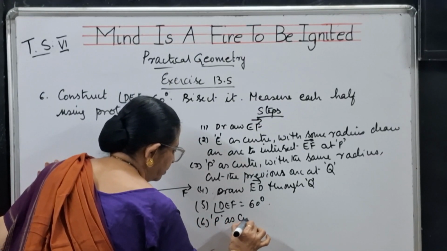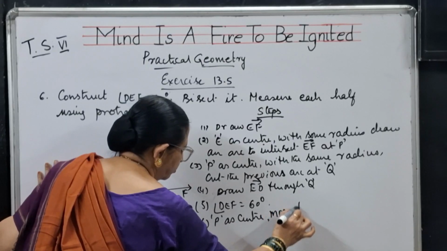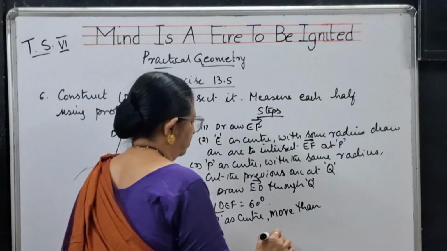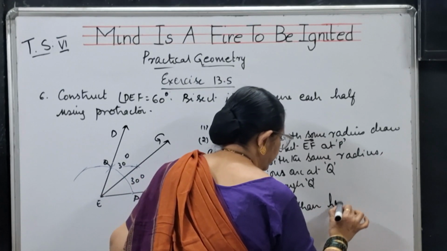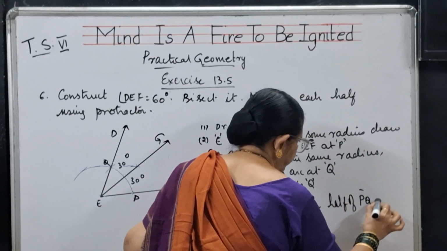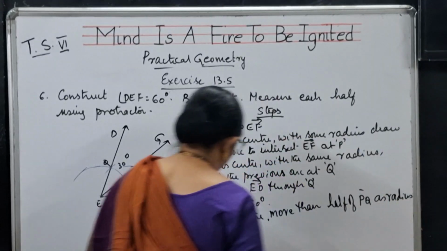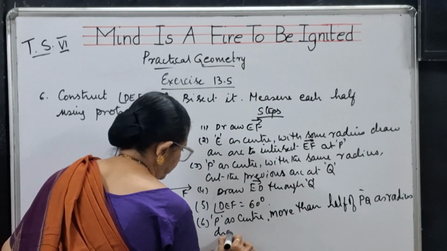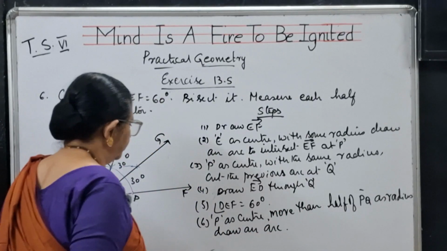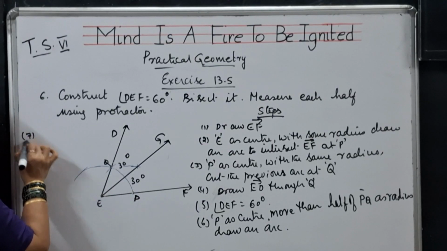P as center, more than half of PQ as radius, draw an arc. Now I'll write the seventh point here.